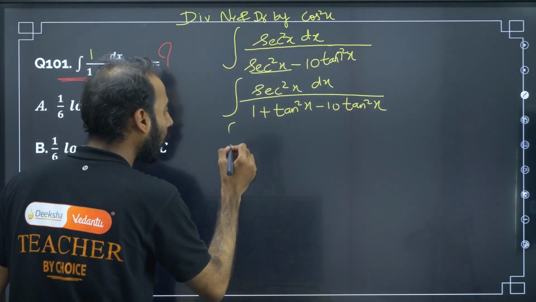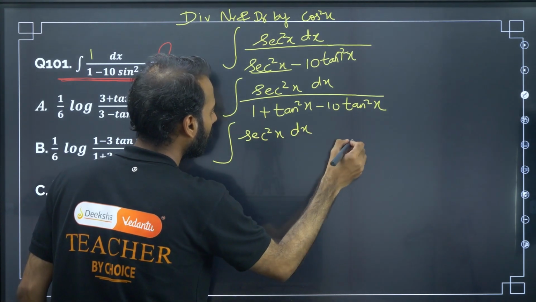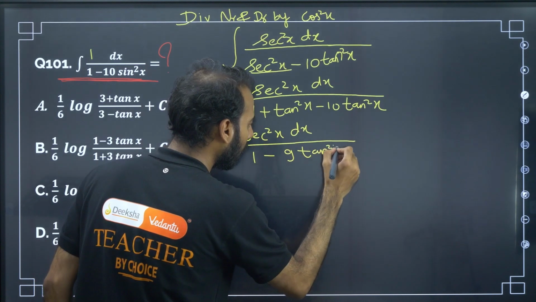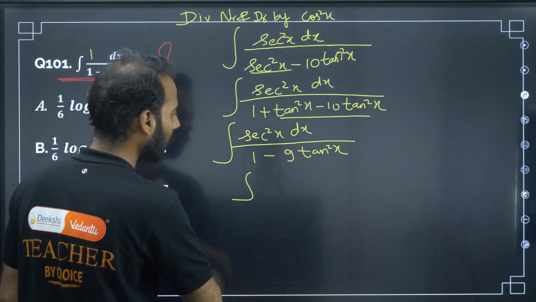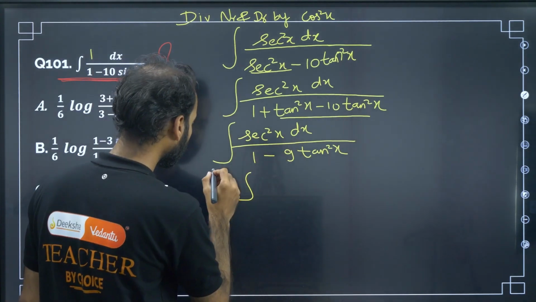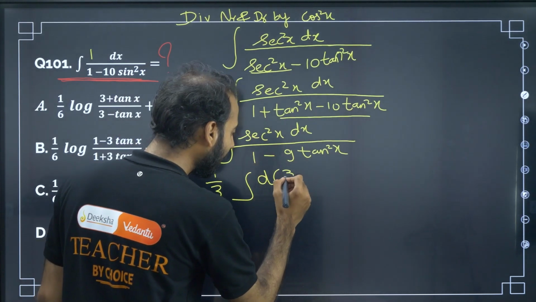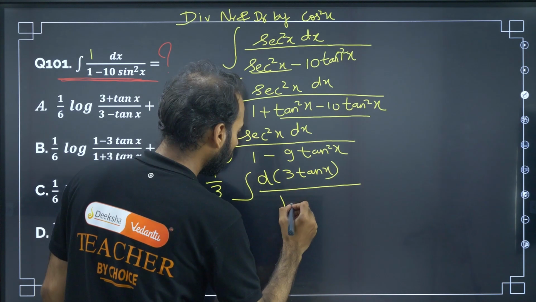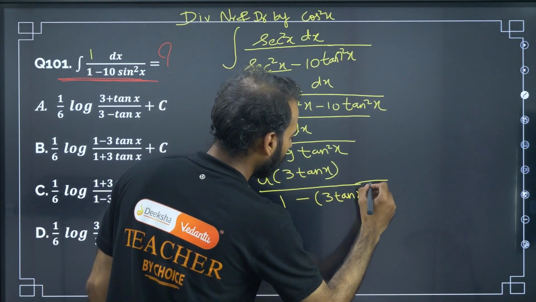Next, integration of secant square x dx by 1 minus 9 tan square x. This I am writing like this. Next, for this let me write 1 by 3 times the differentiation of 3 tan x by 1 minus (3 tan x) square.